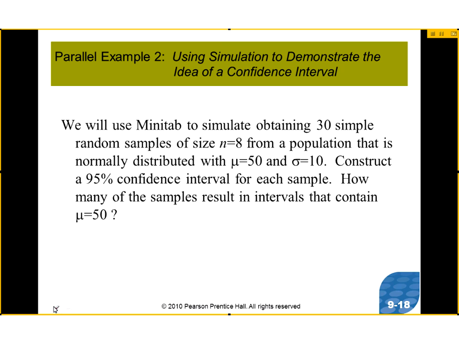So again, with a 95% confidence interval, 95% of your samples should actually contain the actual population mean.